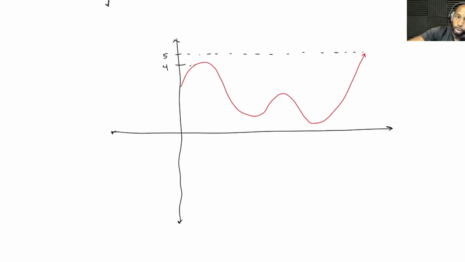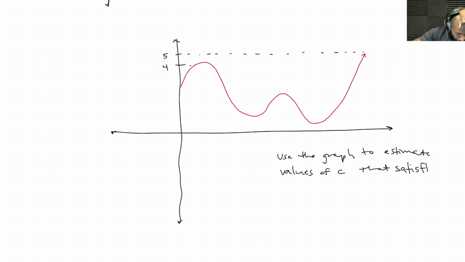Okay. So the question says use the graph to estimate values of c that satisfy the conclusion of, I'm just going to do an abbreviation for mean value theorem, on the interval 0, 8.